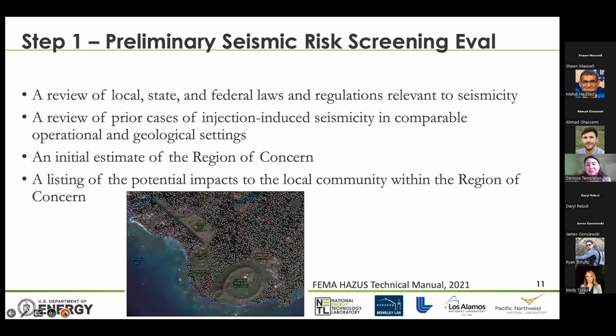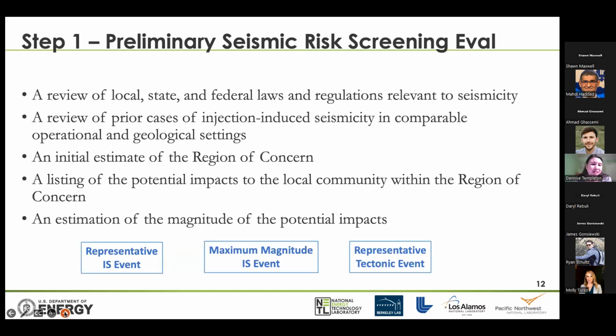Okay. We also need to actually look at what the potential impacts to the local community are. And by that, I mean items that could be impacted, either people, places. So for instance, like the population, the infrastructure, if there's local historical sites, for instance, and then get an estimation of the magnitude of the potential impacts.